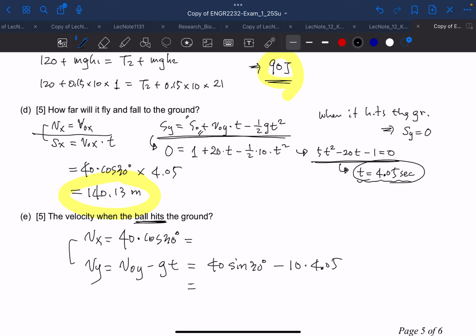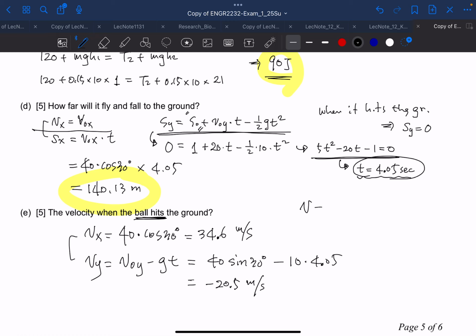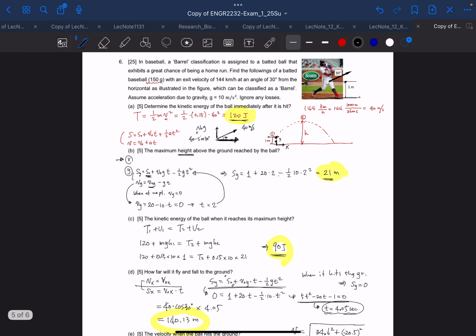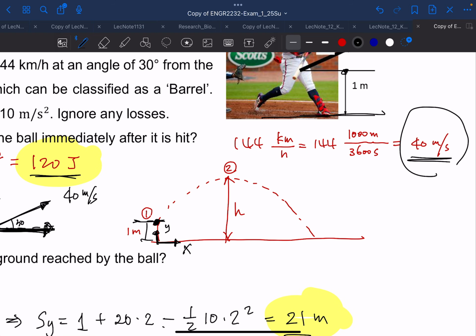The values should be something like 34.6 meters per second, and this should be something like 20.5 meters per second. So the velocity magnitude, if you want to find out, 34.6 squared plus 20.5 squared, and it has to be something like this value we got, around 40, right?